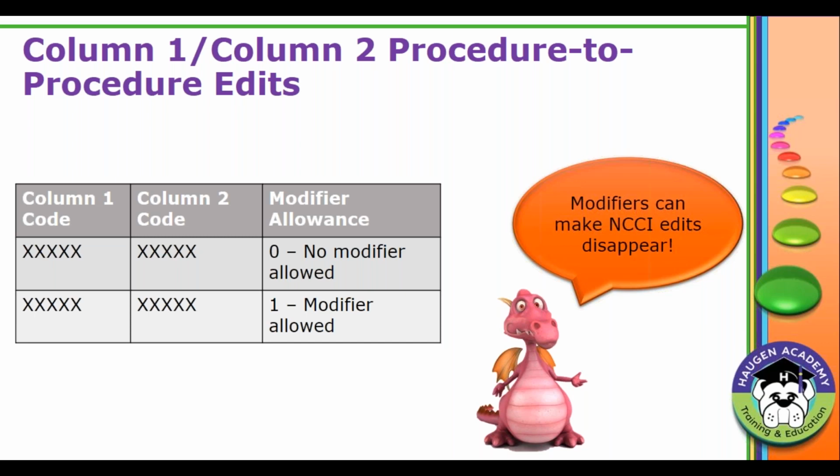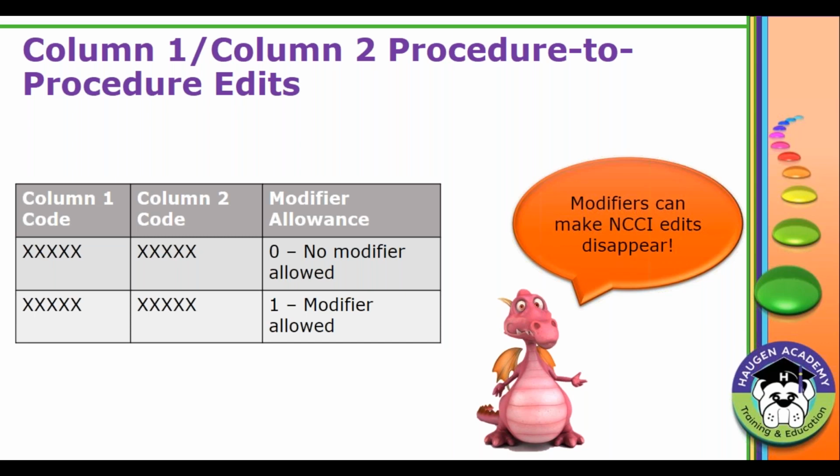So if you've ever wondered, I always ask people when we're looking at Modifier 59, which code does Modifier 59 or the X modifier go on? And the answer I usually get is whichever one satisfies the edit, which I suppose is an answer.